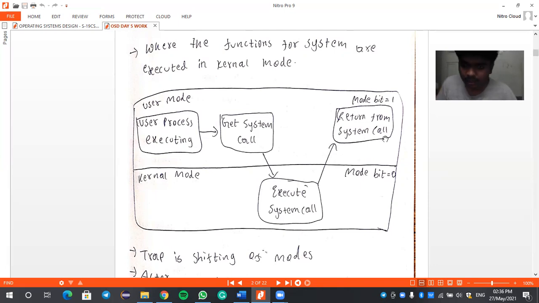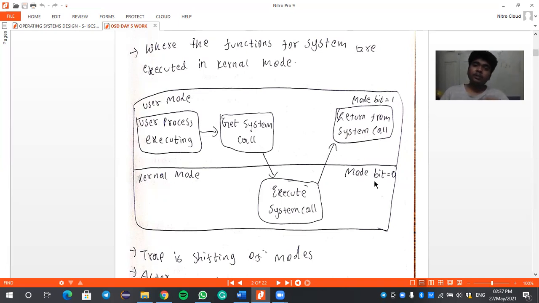You may think, what is mode bit 1 and mode bit 0? The mode bit is just for the purpose of representation. If the mode bit is 1, then the operating system is working in user mode. If the mode bit is 0, then the operating system is working in kernel mode.